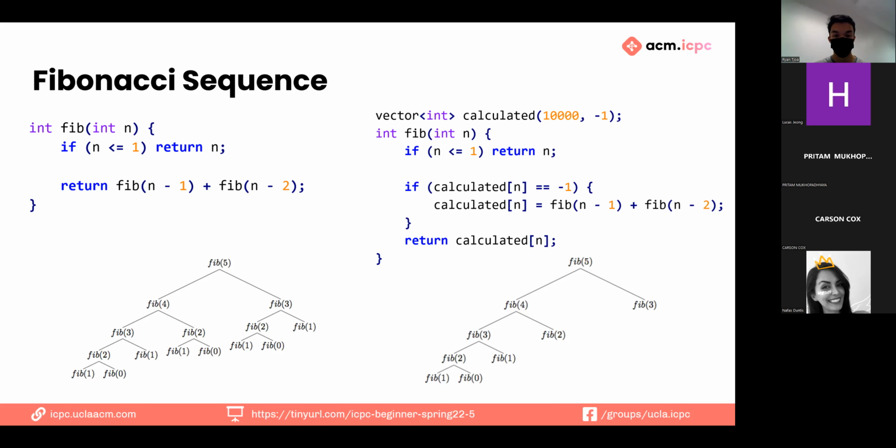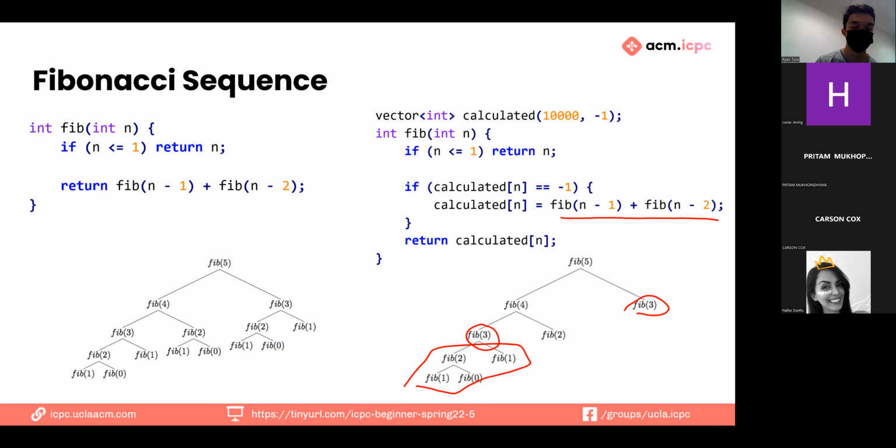To the left is our original code, and to the right is the new code. When we calculate Fibonacci 3 for the first time, we do have its entire subtree, but the second time it can just return immediately because we have saved the value in calculated, so we don't do the subcalls anymore.